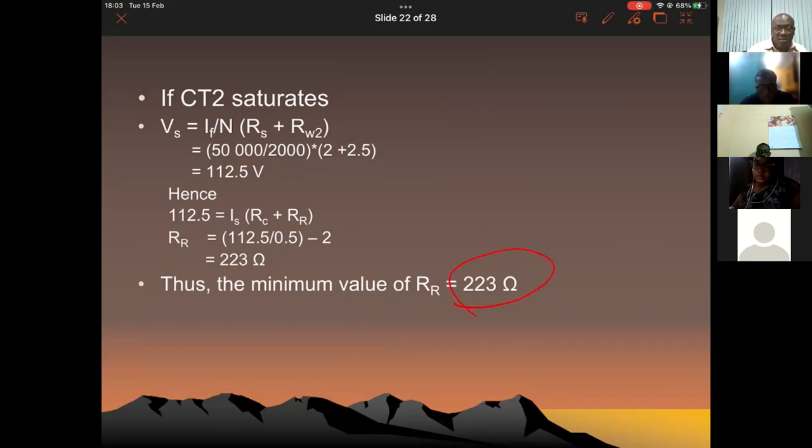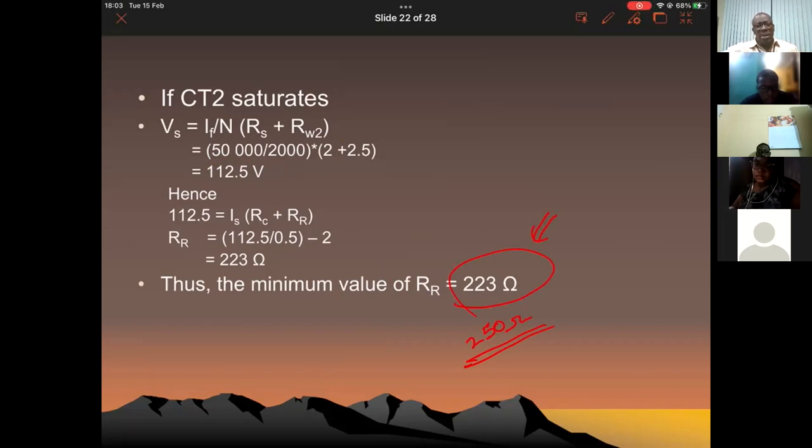So in terms of standard values, you may end up with a 250 ohm resistor. So for this application, you would put in a minimum value of 250. So the calculated value will be 223 in terms of minimum because it would satisfy the condition for both CT1 or CT2.